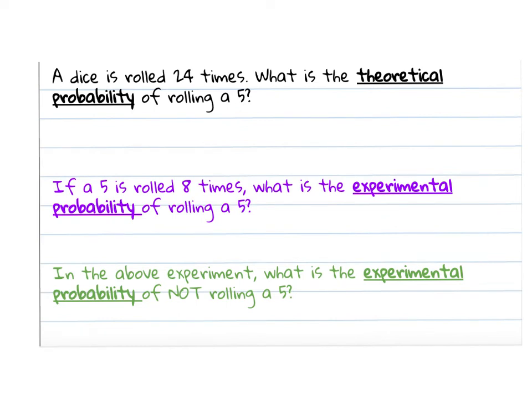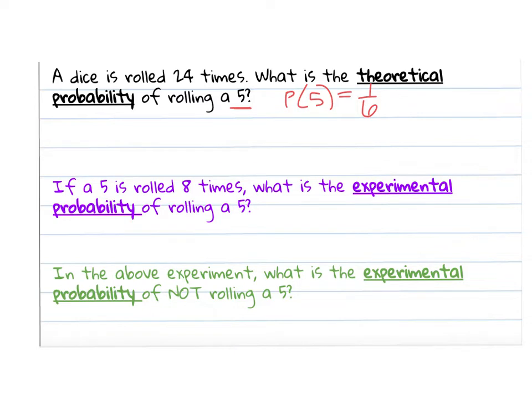A dice is rolled 24 times. What is the theoretical probability of rolling a 5? Well, if we roll a dice one time, we know that the probability of rolling a 5 one time would be 1/6, because there's one 5 and there's 6 outcomes. So theoretically, 1/6 of the time, however many times we roll it, we should get a 5.